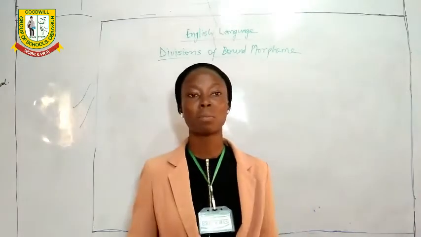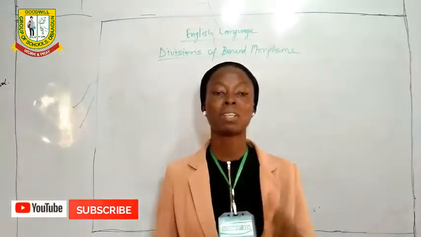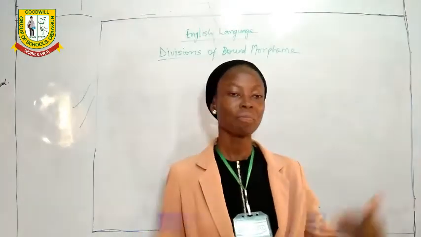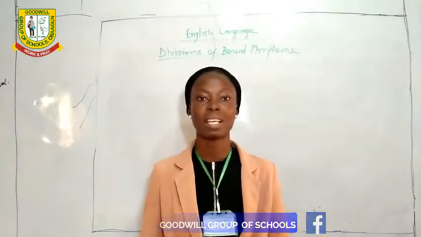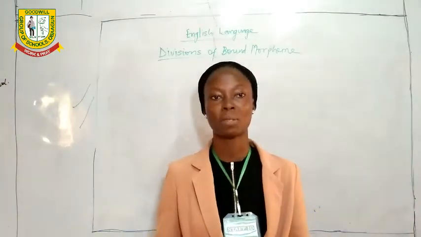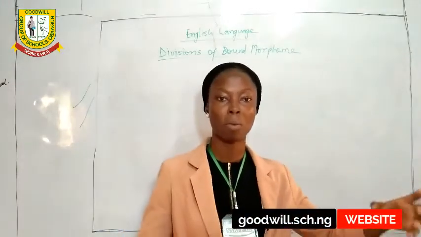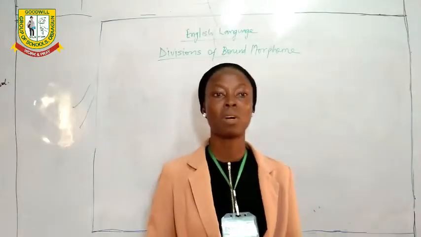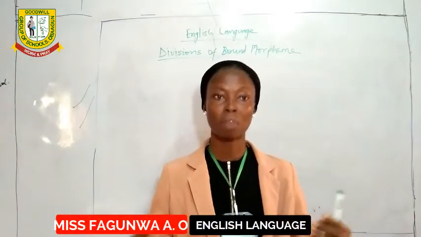So bound morphemes are of three types. We have prefixes, we have infixes, and we have suffixes. Pre means before. Any morpheme that comes before the base form of our word is known as prefix, while the one that is inserted between the two, between the bound morpheme and the free morpheme, is called the infix, while the one that comes after or succeeds them is called suffixes.